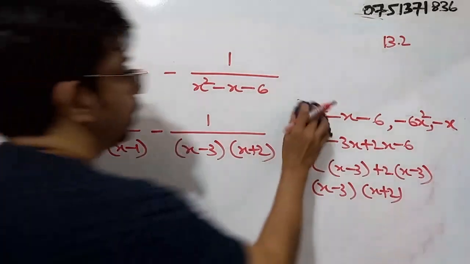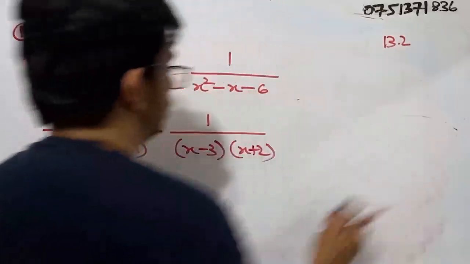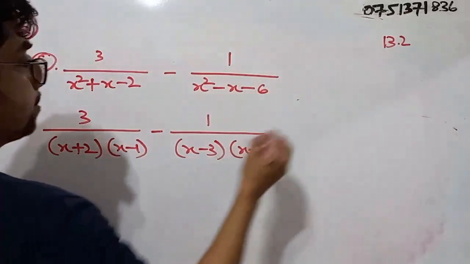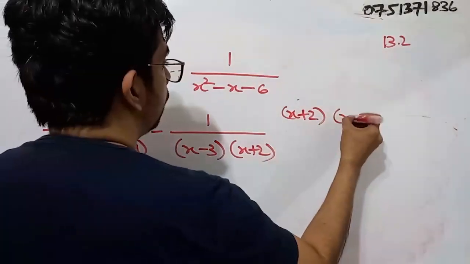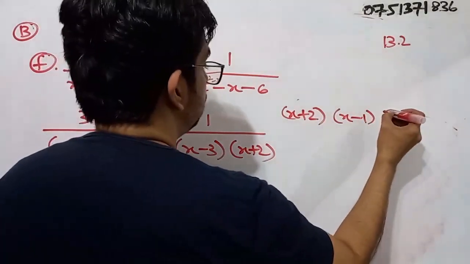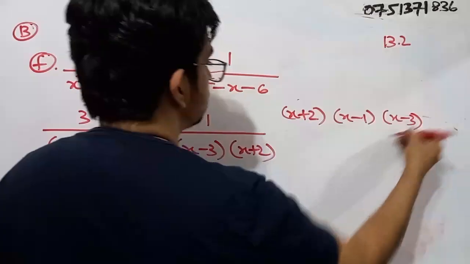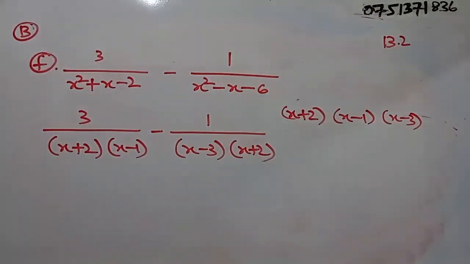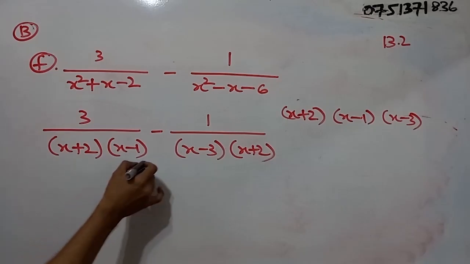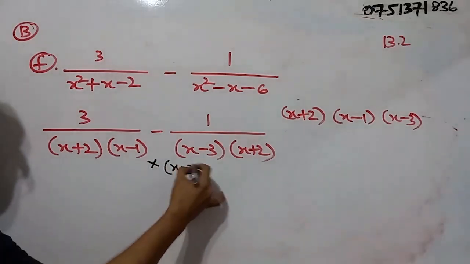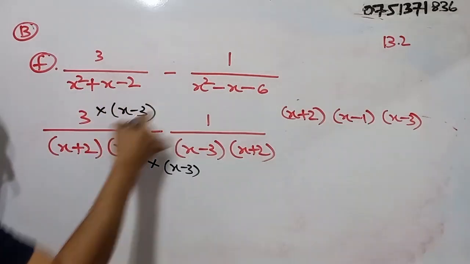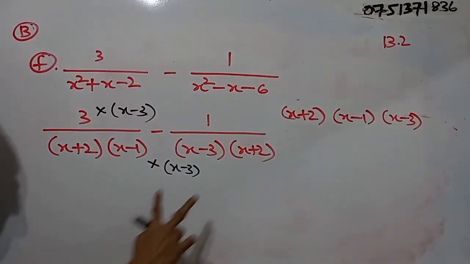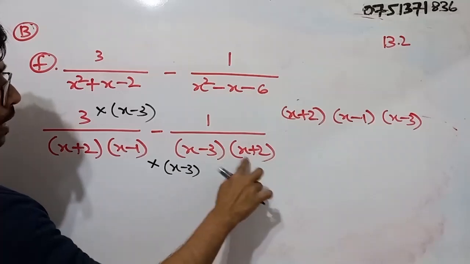Okay, so what should be the LCM? It should be x plus 2, x minus 1 and x minus 3. Okay, so consider the first fraction. That means we have to multiply this by x minus 3. So we have to multiply the numerator by x minus 3 as well. Right? So here we have x minus 3 and x plus 2.